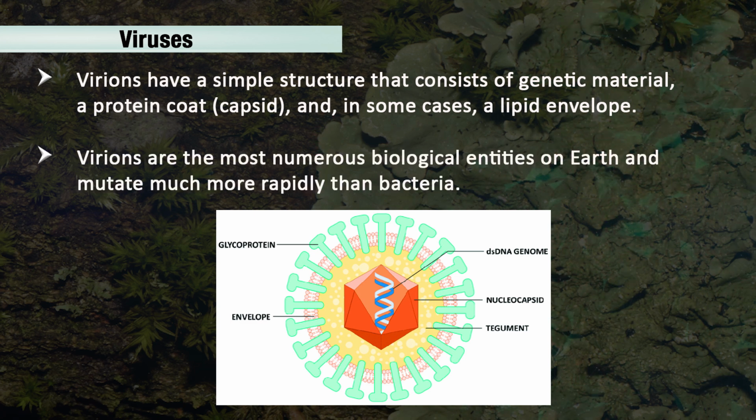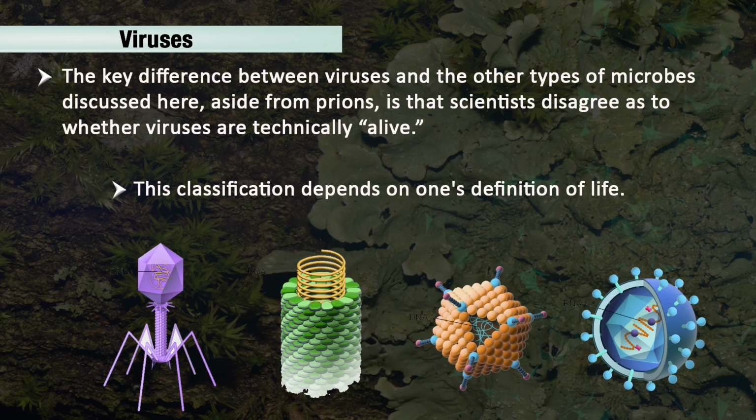Virions are the most numerous biological entities on earth and mutate much more rapidly as compared to bacteria. The key difference between viruses and the other types of microbes discussed here, aside from prions, is that scientists disagree as to whether viruses are technically alive.